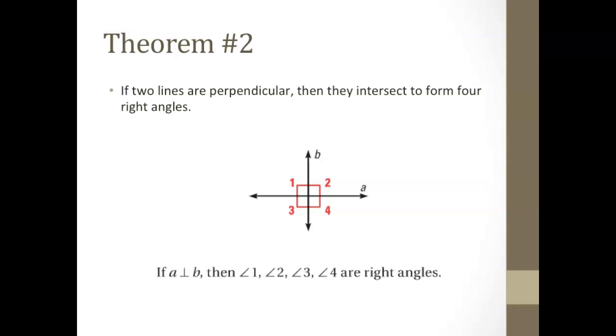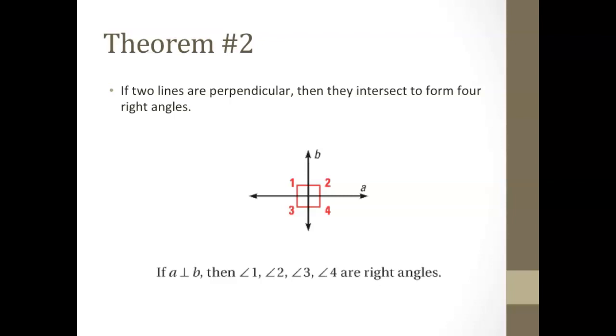Why? Well, because if 1 and 2 are a linear pair and congruent to each other, and so they're 90 degrees, then that means on the other side, the other two angles must also form a linear pair, and they also must be congruent to one another. This means that all 4 angles are right angles.